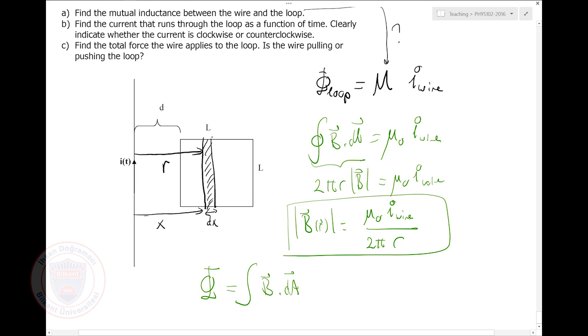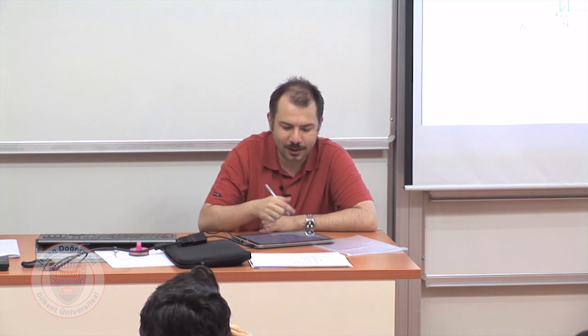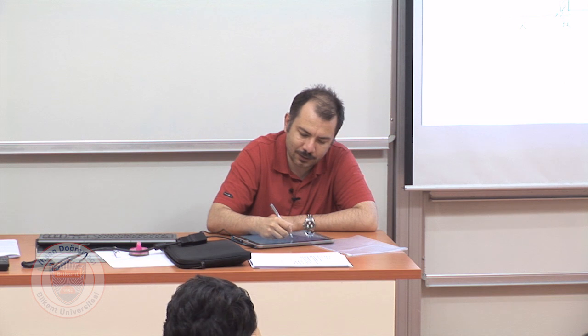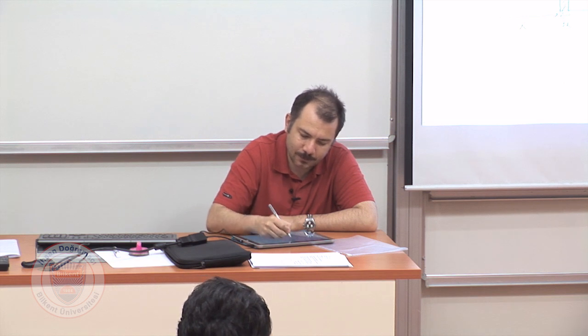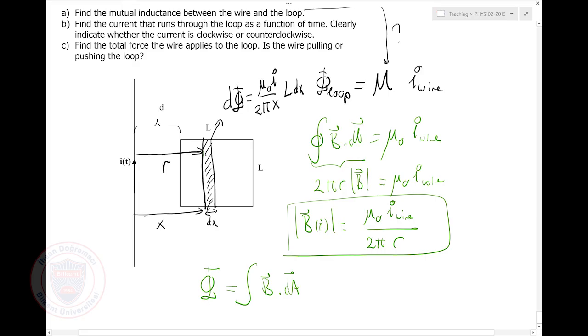Can you tell me what's the small flux through that section? Now the magnetic field is constant in the small area, so I can use its value mu 0 I divided by 2 pi x, times the area of that section, which is going to be L times dx.